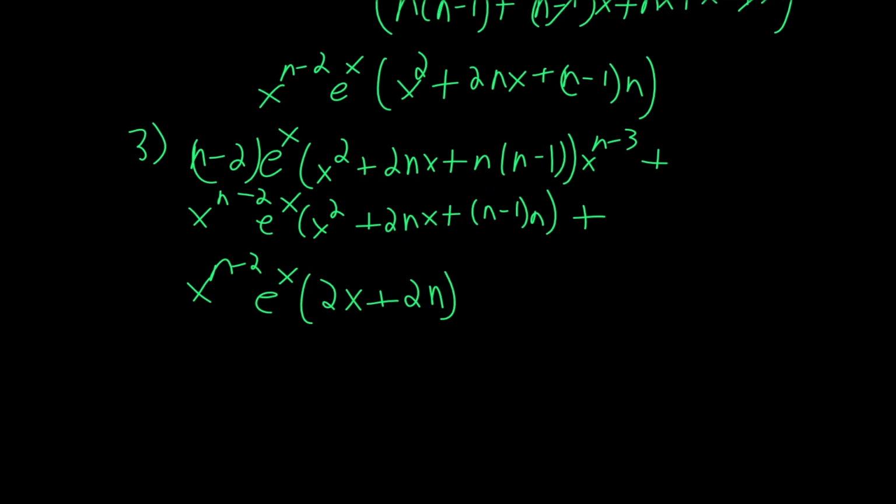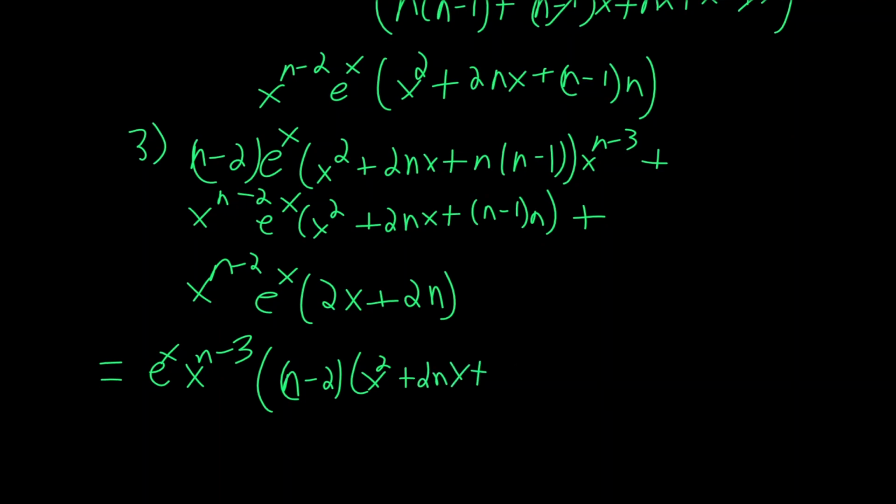So what on earth does this give us? Let's go ahead and factor out an e to the x times x to the n minus 3, and see what that gives us. What does our first term become? Well, that's just an n minus 2 times our quadratic, so x squared plus 2nx plus n minus 1.